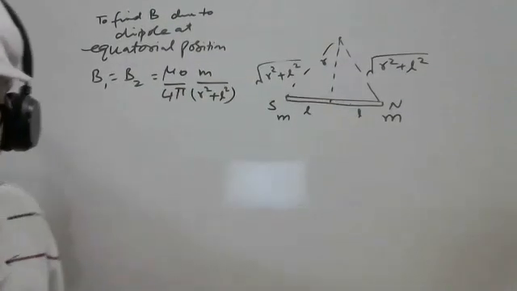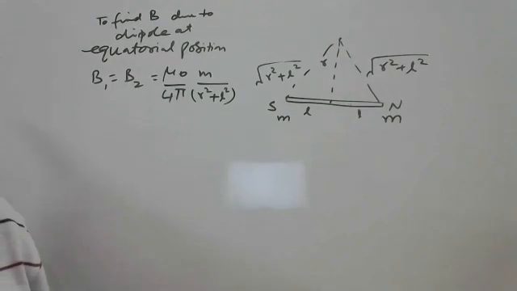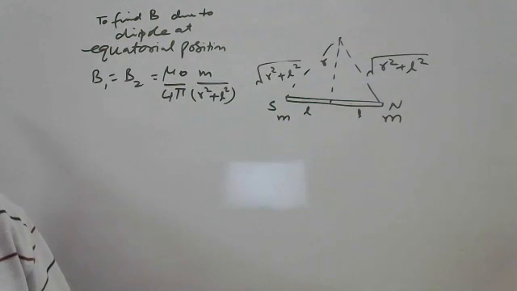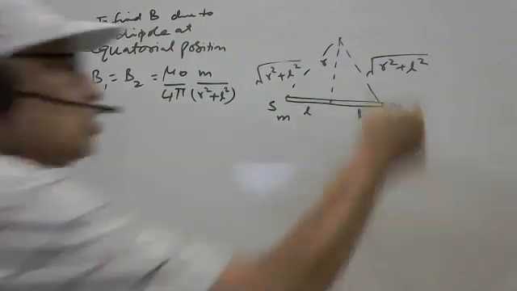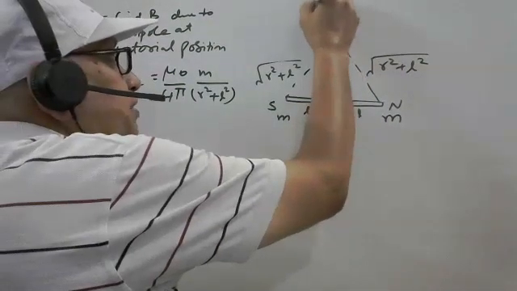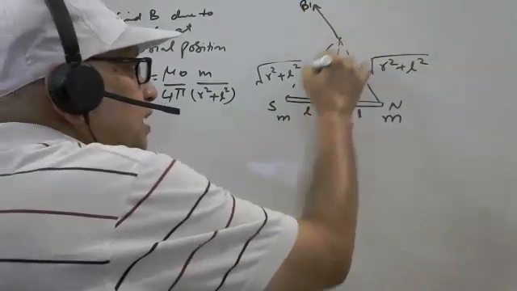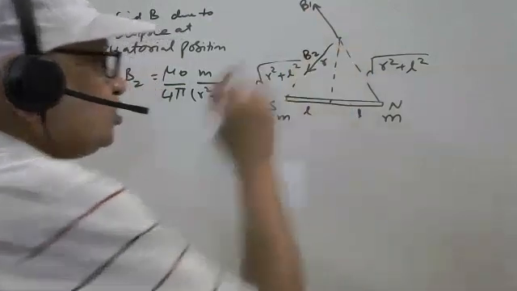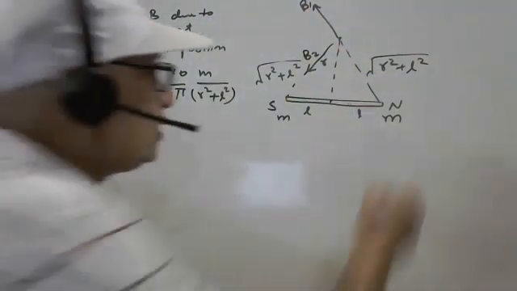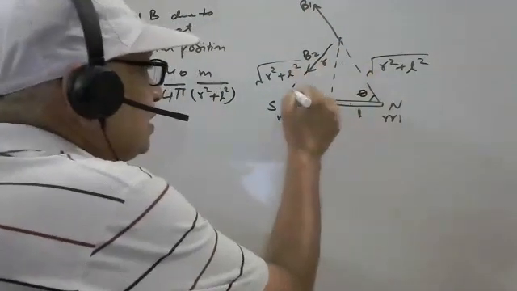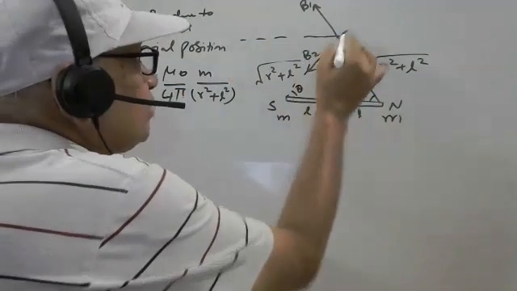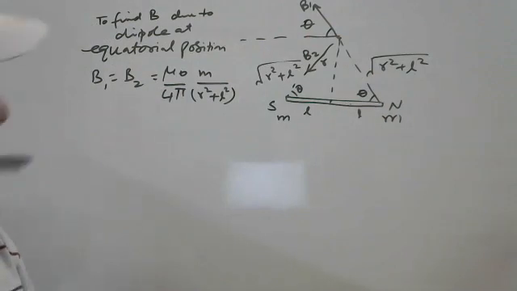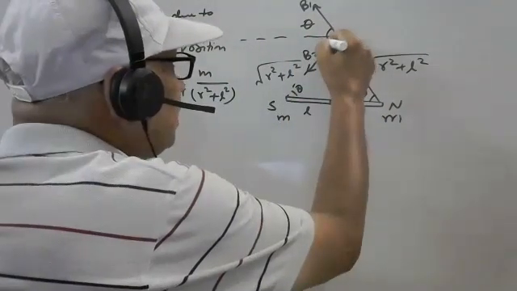Got it? What is the direction at this point because of north pole? Away from north pole, just like positive charge, and towards the south pole. Suppose this angle is theta, this angle is theta. This theta should be equal to this, and this theta should be equal to this.